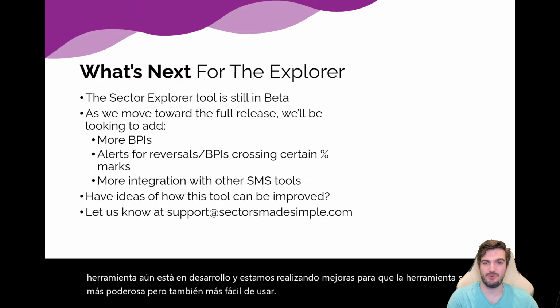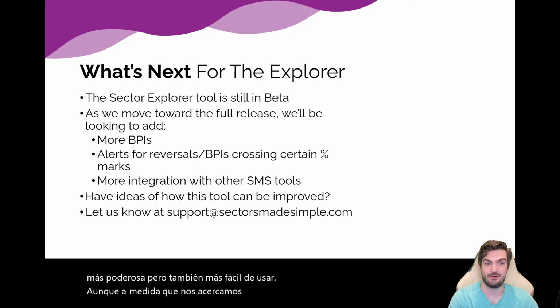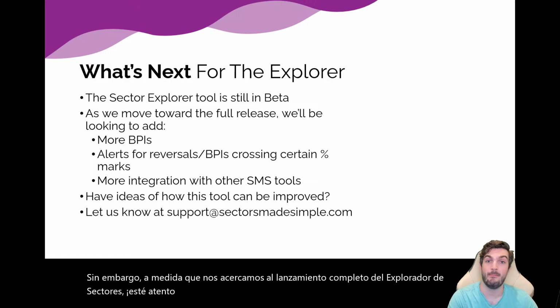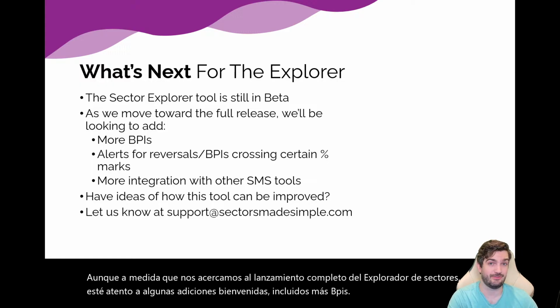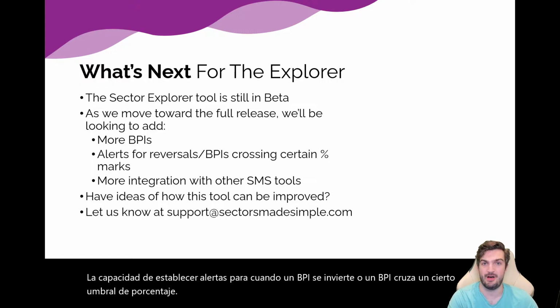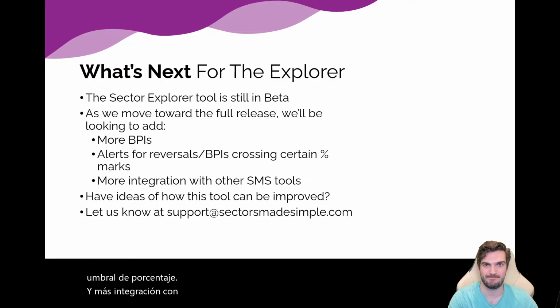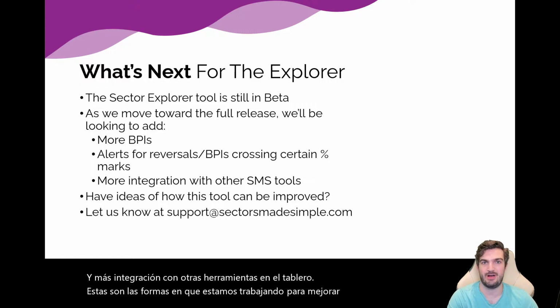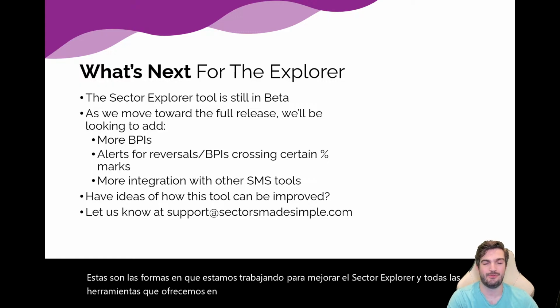So, as we approach the full release of the Sector Explorer, keep your eyes out for some welcome additions, including more BPIs, the ability to set alerts for when a BPI reverses, or a BPI crosses a certain percent threshold, and more integration with other tools on the dashboard. These are the ways that we are working to improve the Sector Explorer and all of the tools that we offer at Sectors Made Simple for everyone.